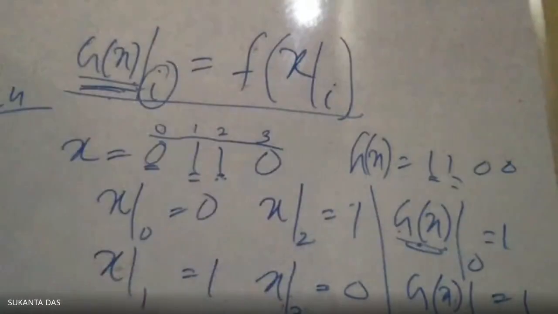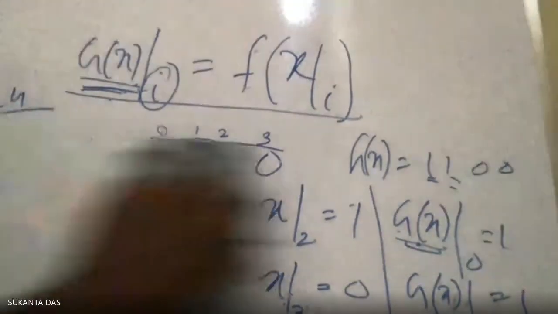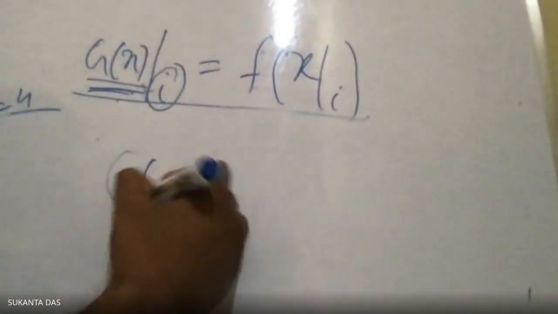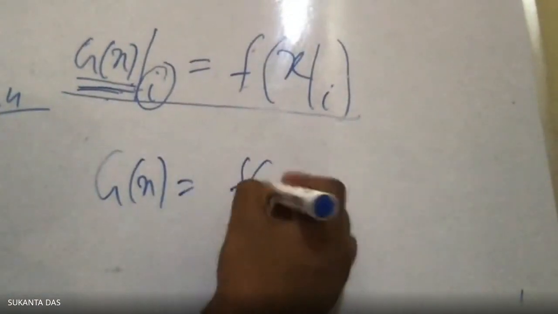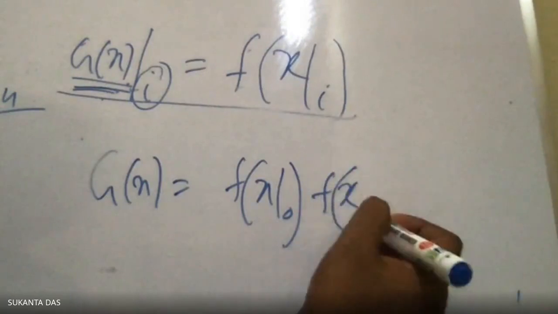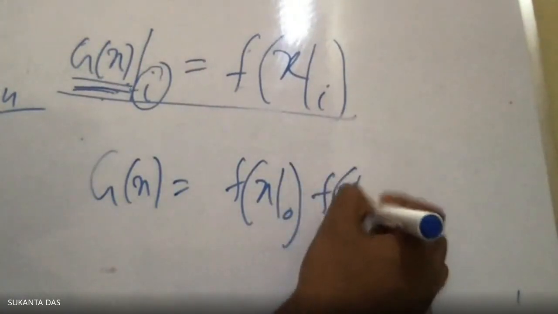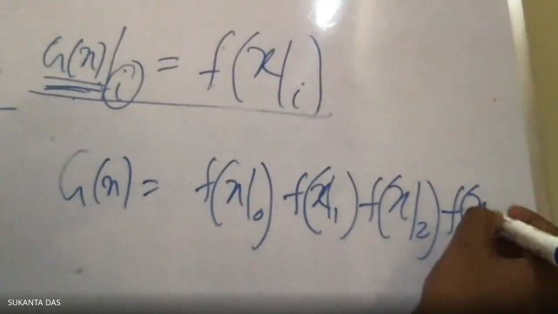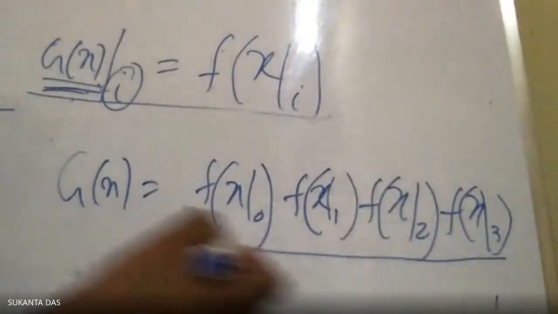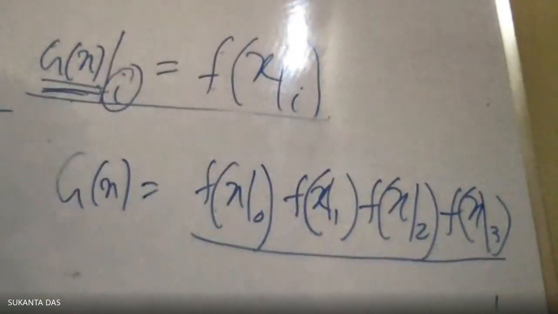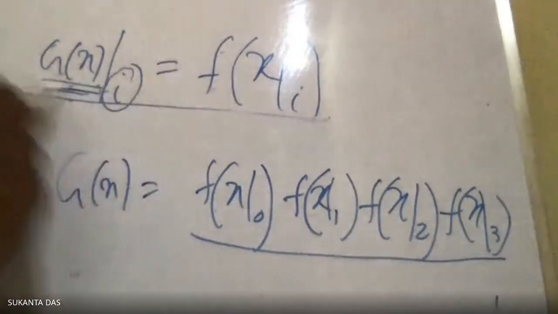In this particular example, g(x) is actually nothing but f of x0, then f of x1, I'm not putting a comma here, so you understand, then f of x2, then f of x3. As if I'm placing them side by side. So that is the meaning of this.